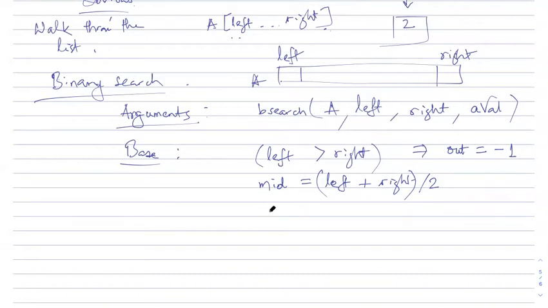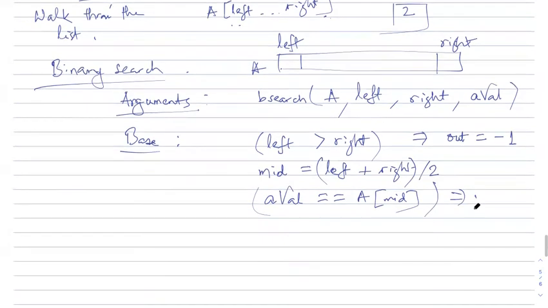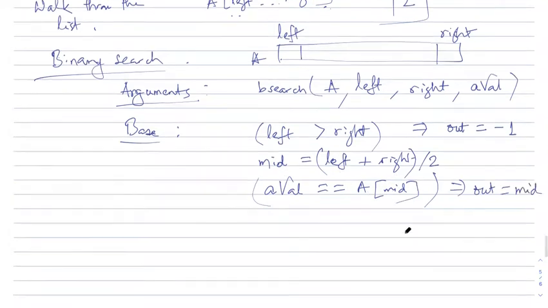So when you find that A of val is equal to A of mid, right? Then this serves as the exit condition in a positive way, where out is equal to returning the index of the position that is found. So out equal to mid.